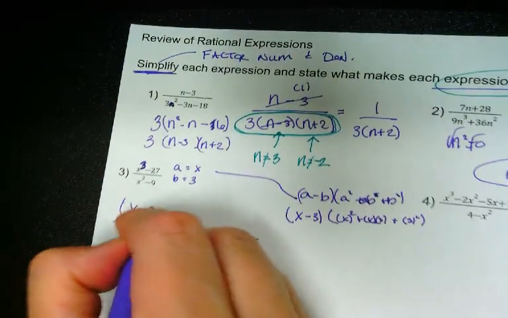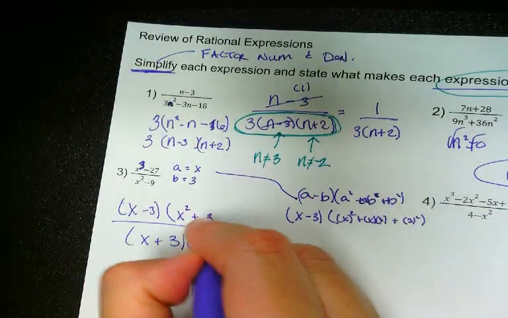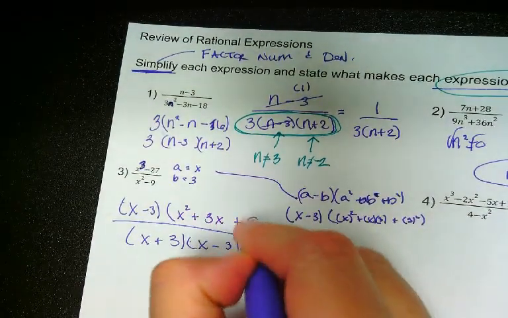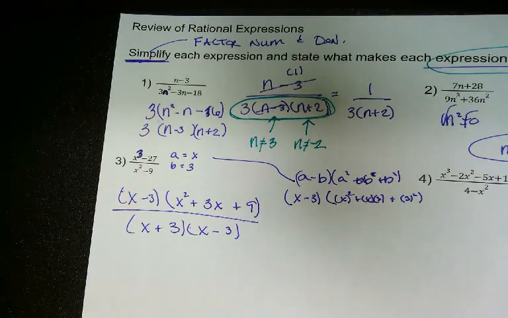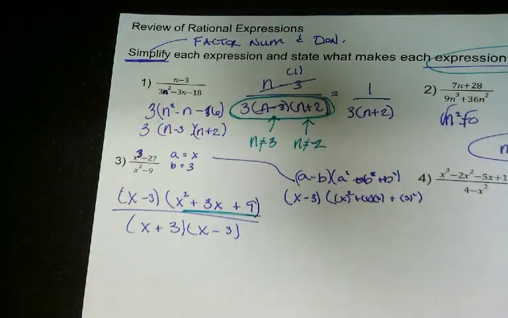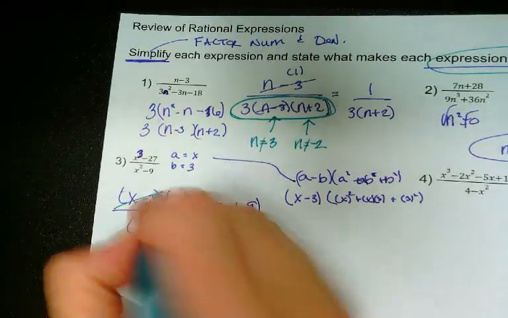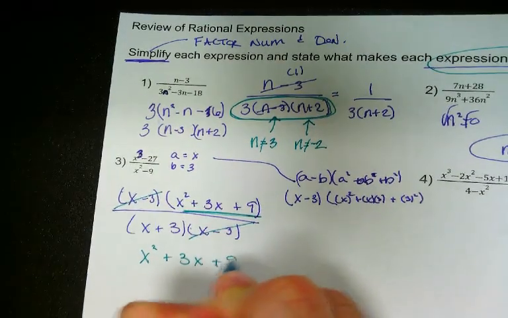So I'm getting x minus 3 times x squared plus 3x plus 9. Okay, so half the battle is just recognizing that you have perfect cubes. And the nice part is this is always prime. This is not going to factor again in the perfect cubes. So my x minus 3's will cancel, and I have x squared plus 3x plus 9 over x plus 3.